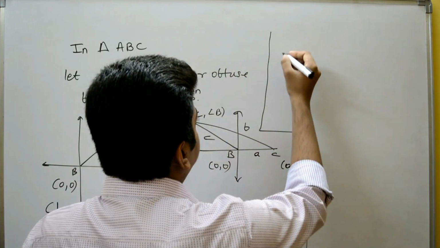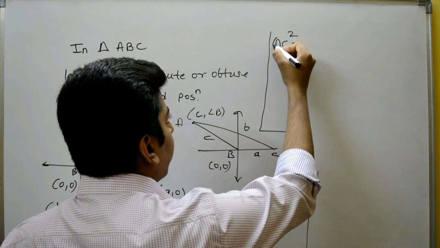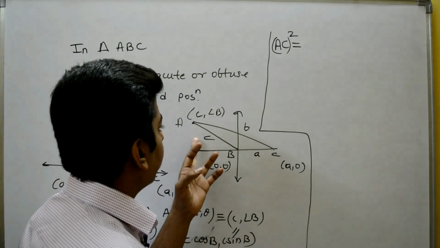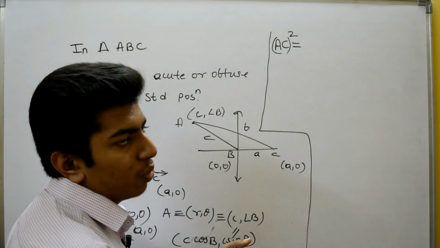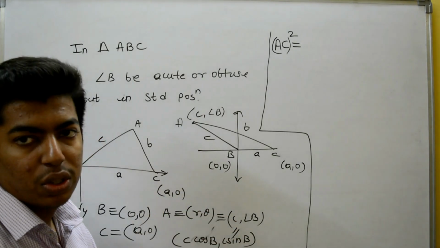So the distance AC, actually AC square, is equal to x2 minus x1 whole square plus y2 minus y1 whole square.